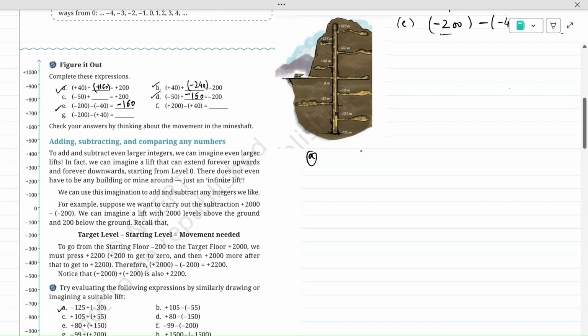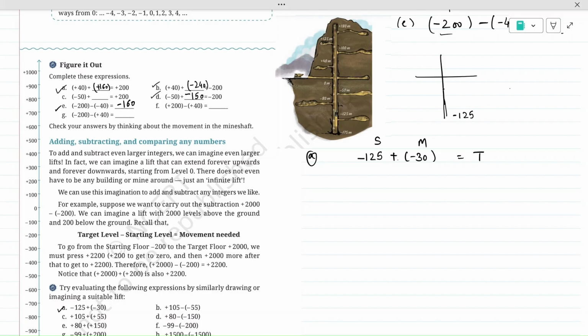So what we have here is minus 125 and minus 30. This is my starting point, this is the movement because plus is in between, and I want to find the target. So if this is my line, I'm drawing it here, and my starting point is minus 125 somewhere here.